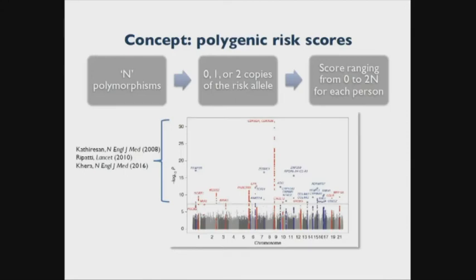The typical concept over the years has been taking n number of polymorphisms that exceed a genome-wide threshold in a GWAS study, 0, 1, or 2 copies of the risk allele, and then a score ranging from 0 to 2n for each person. This is the typical way to do these polygenic scores, looking at basically the top of the list.